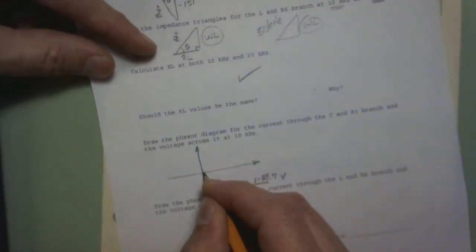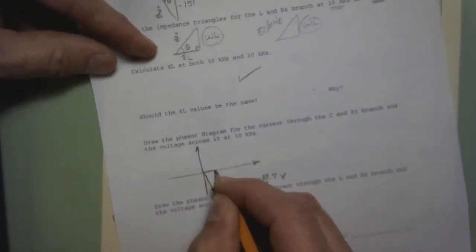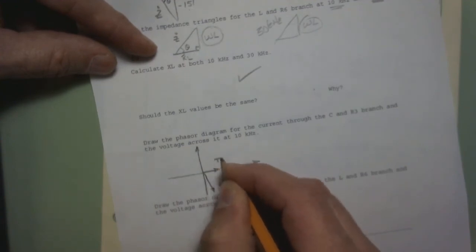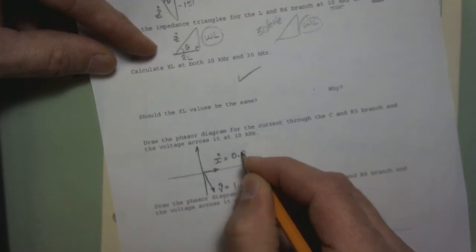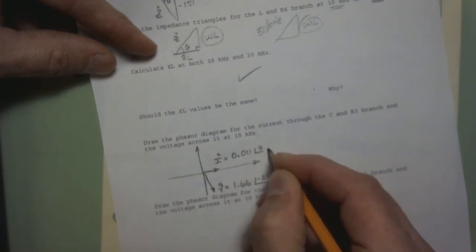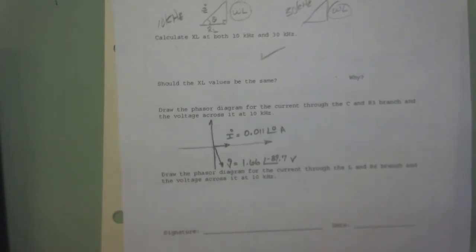So our current is like that. I will check that number, yes. Okay, so that's our phasor diagram. And when you do the inductor at 10K, you'll be able to come up with that.